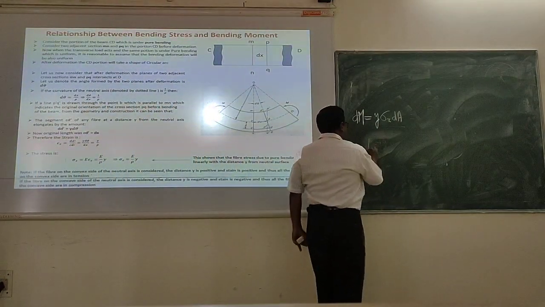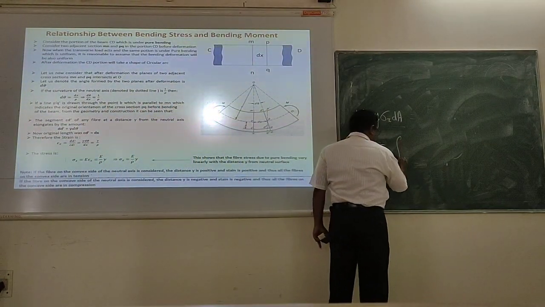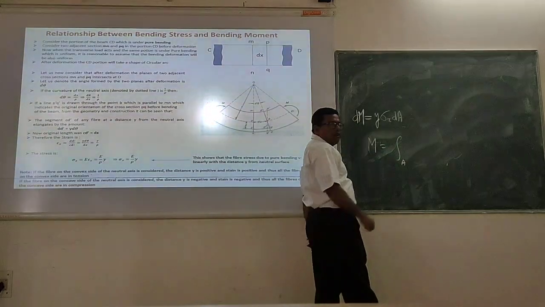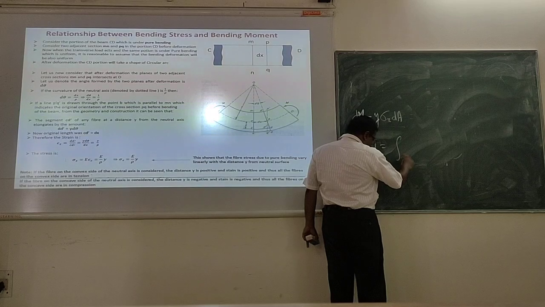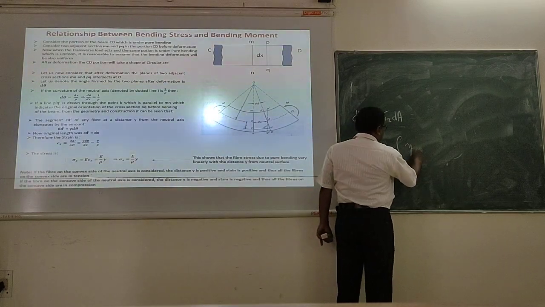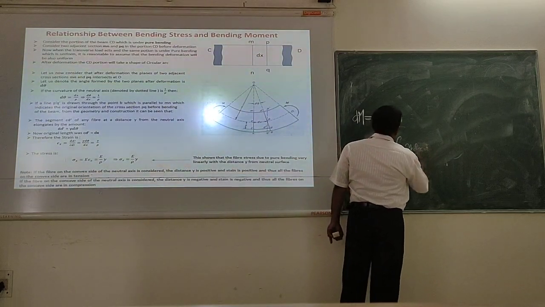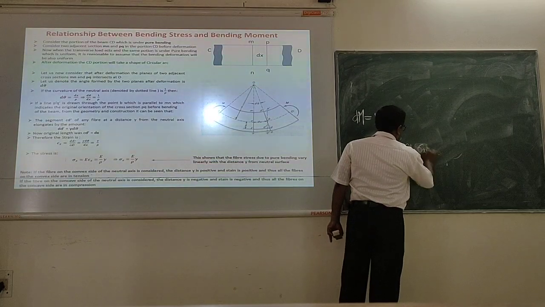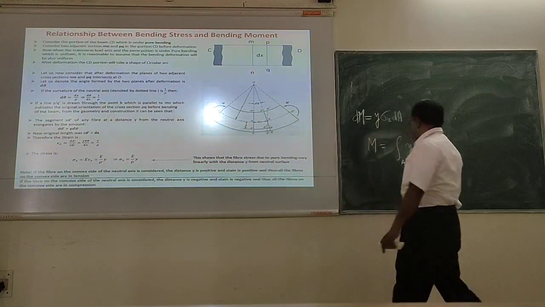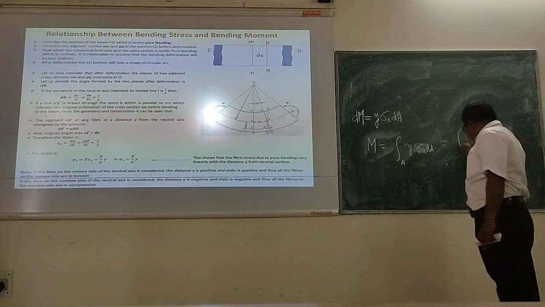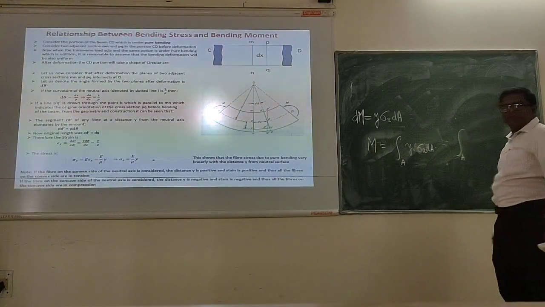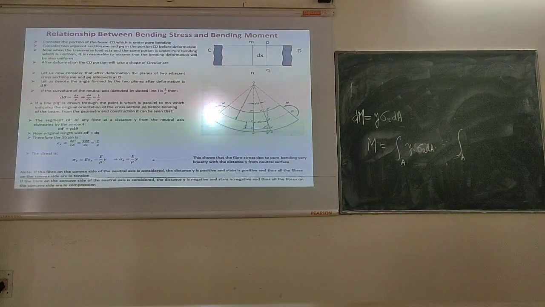I will get moment M, which is the integral over the area A of y sigma x dA. Correct? And what is sigma x? You can do it yourself. What is sigma x? Sigma x is E by rho into y. Right? Sigma x is what? E by rho into y.